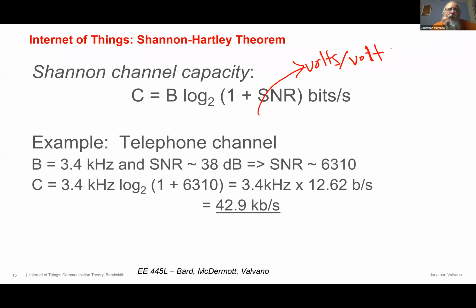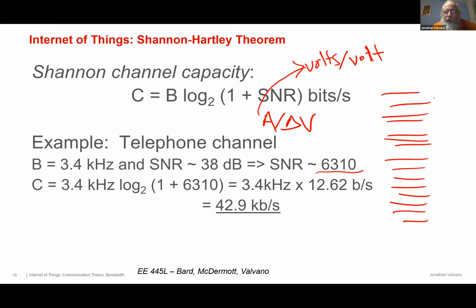So if this is that ratio between A over delta V, where that's the maximum, for instance, here's a modem wired telephone channel answer.